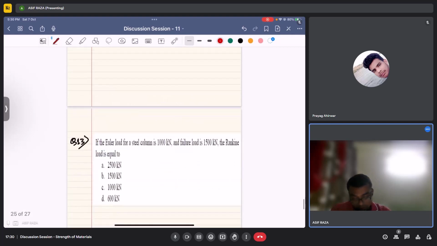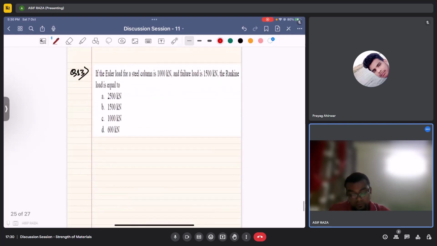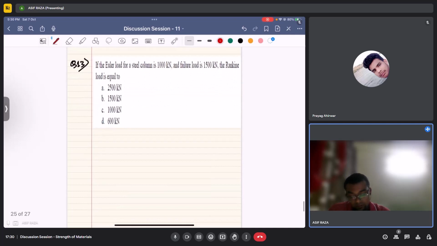Okay, moving on to the next question, and this question is a straightforward calculation. The question is, if the Euler load for a steel column is 1000 kilonewton and failure load is 1500 kilonewton, the Rankine load is equal to what?